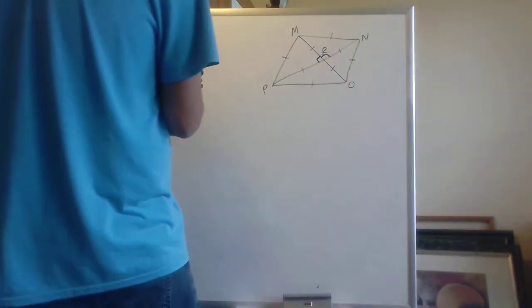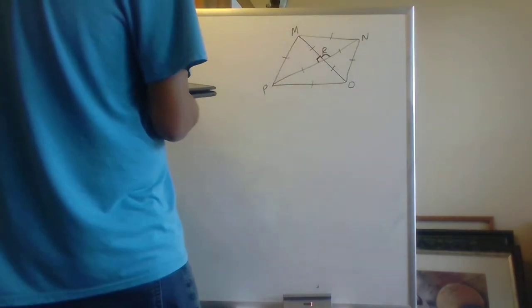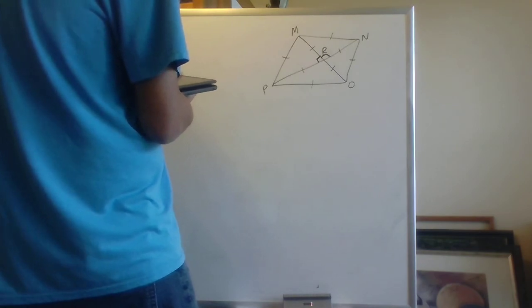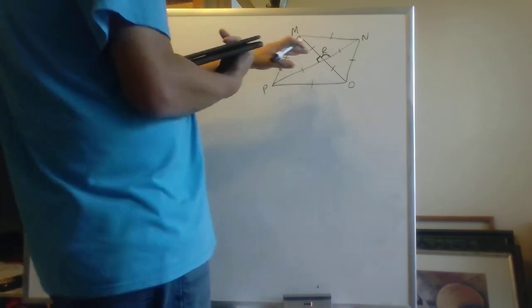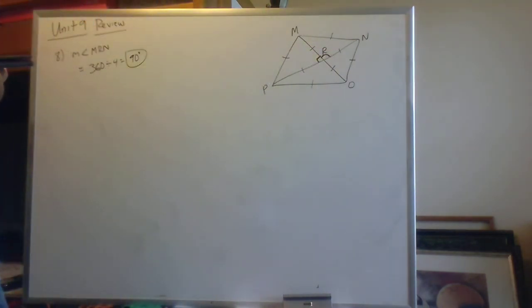So if we want to find one of these little sections, it's 360 divided by 4, which is 90 degrees. That's why I drew a right angle, because all of these angles are going to be 90 degrees. So I want you to work on 9 and 10 on your own.